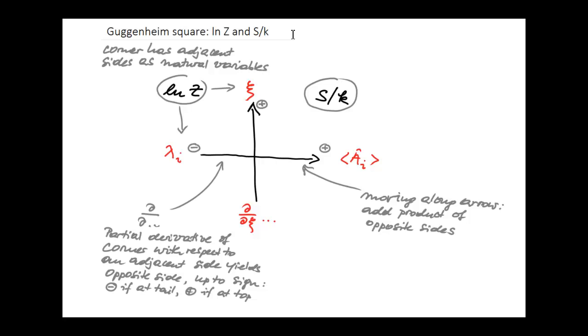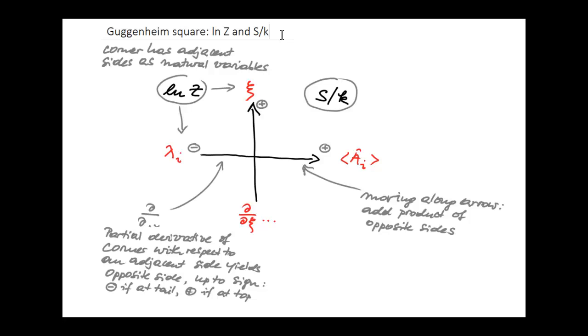The Guggenheim square tells us that the partial derivative of the log of the partition function with respect to a control parameter psi, which in this case is the volume v, is the same as the partial derivative of the entropy with respect to v. In either case, you have to keep the respective other natural variables fixed.